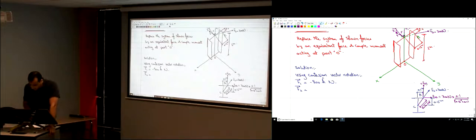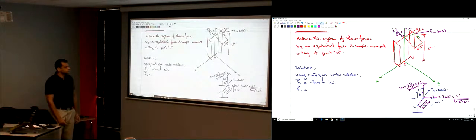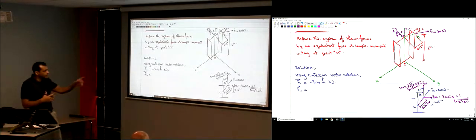F2y is the vertical component, so it's 300 newtons multiplied by 0.15 divided by the square root of 0.15 squared plus 0.1 squared. You agree with this? Yeah. Just the force times cosine theta and sine theta. Instead of finding the cosine and the sine of the angle, I'm just using the distances, the horizontal and the vertical and the inclined distances.